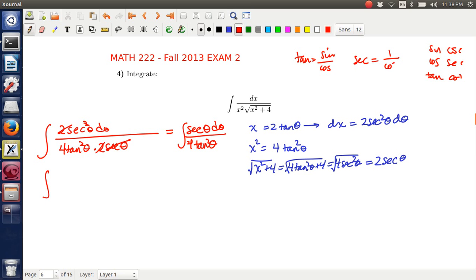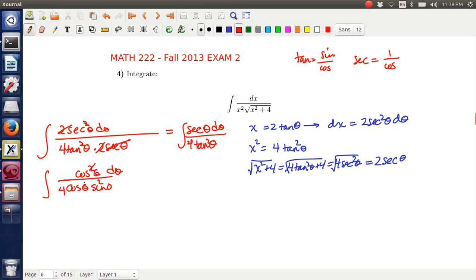So it's 1 over cosine. Okay, so that's just a little way of remembering who goes with what. So let's reassemble everything. Secant is 1 over cosine. So we're just going to put him in the denominator. And tangent is sine over cosine.